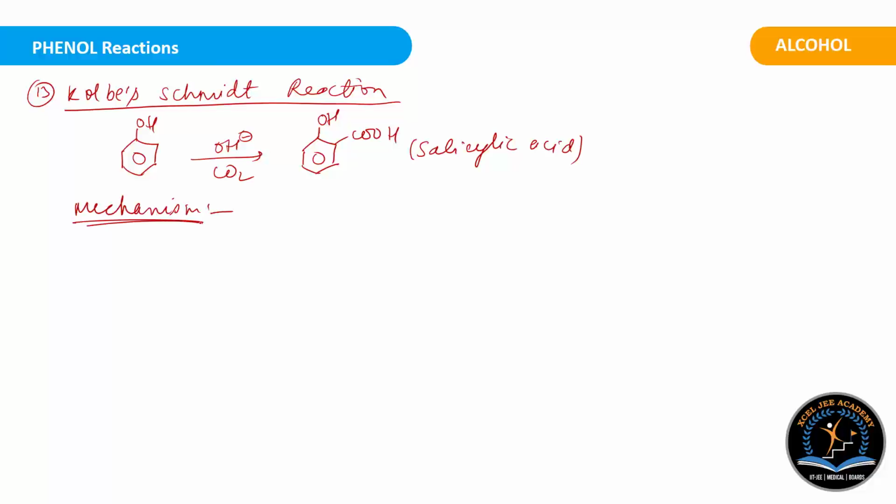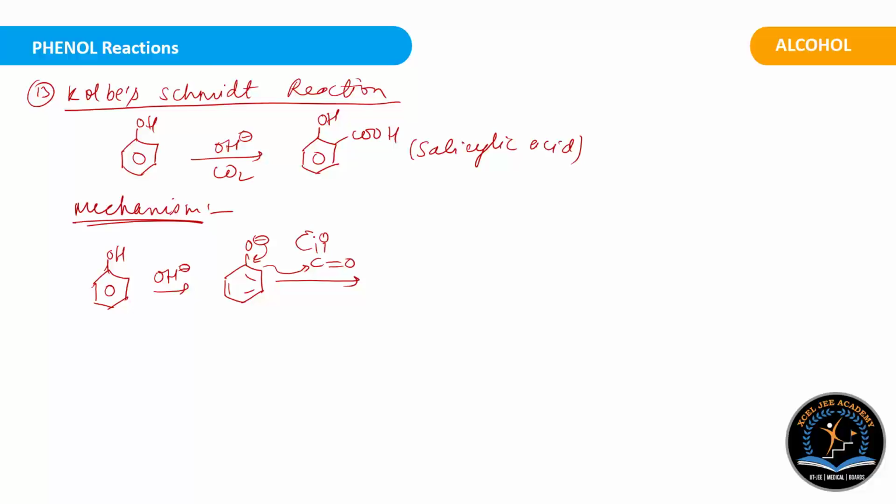Now we will do its mechanism, how this reaction is going to take place. This is phenol. Phenol in the presence of OH minus, this hydrogen will be removed. The acidic hydrogen is removed, therefore we will be left with O minus, that is the phenoxide ion. Now to this phenoxide ion we have CO2, that is O double bond C double bond O. This minus will come back, and from this position it will be attacking.